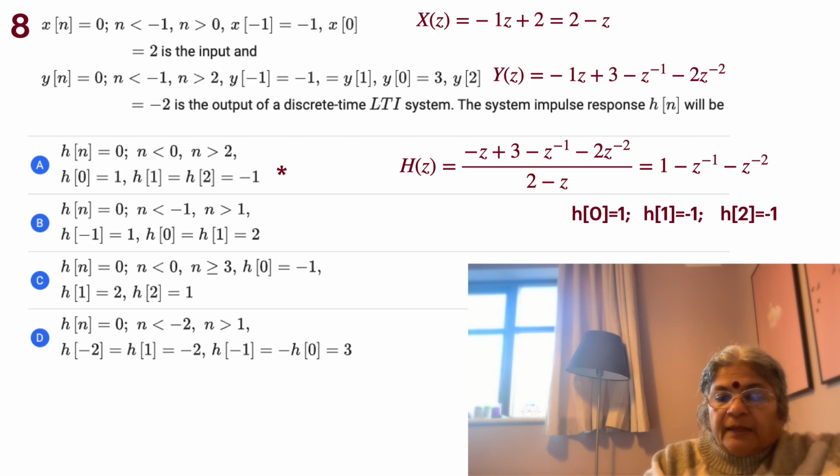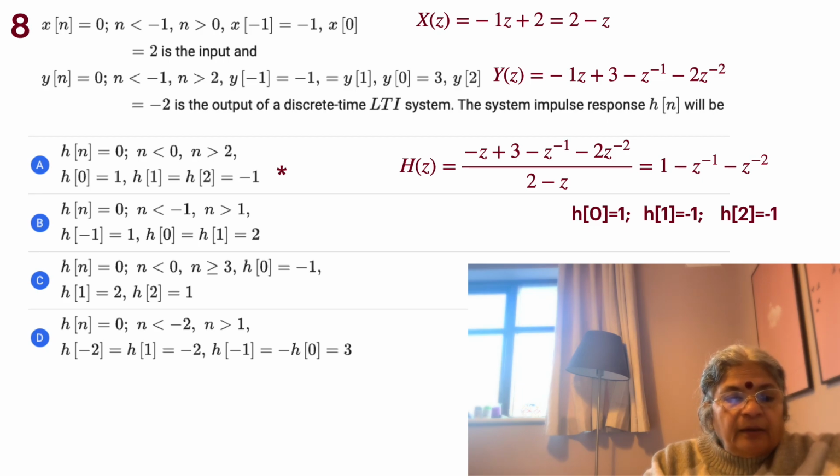That tells us that h0 is equal to 1, which does not have any z, and then there's a delayed version at 1 time unit, so h1 is equal to minus 1 and h2 is again equal to minus 1. So that is going to be our solution for the problem wherein we are trying to find out the impulse response Hn.